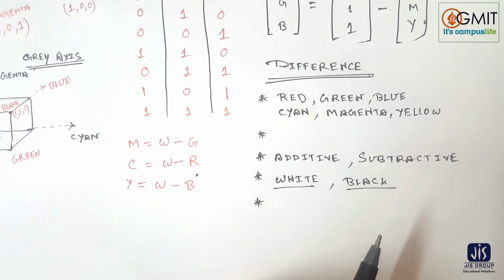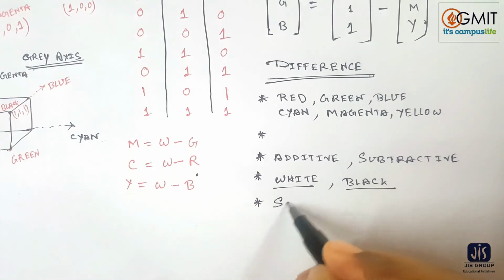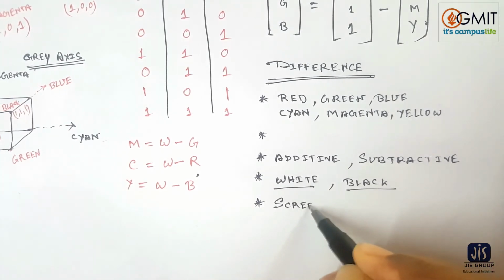Next point, RGB is used to create images on screen and display. I have already told you, screen and display means, suppose, television, laptop, desktop, camera, etc., where a screen is present to display something, then we can use RGB.